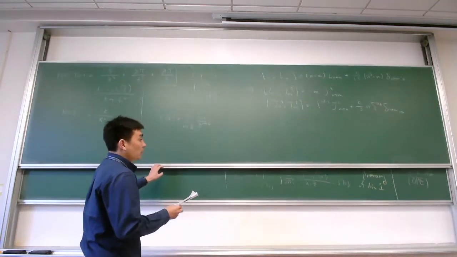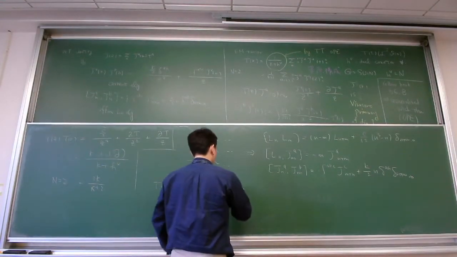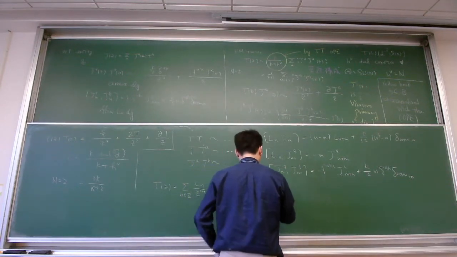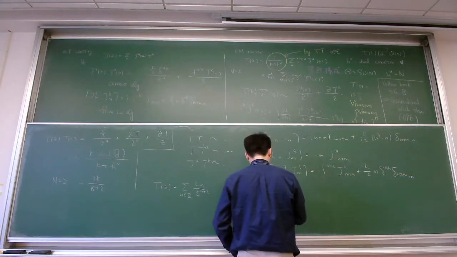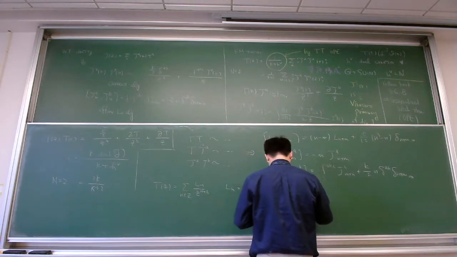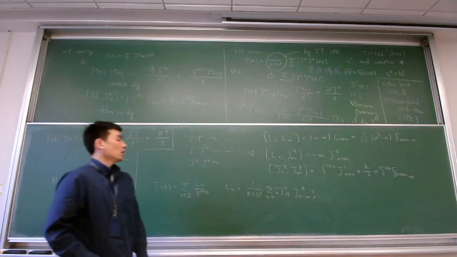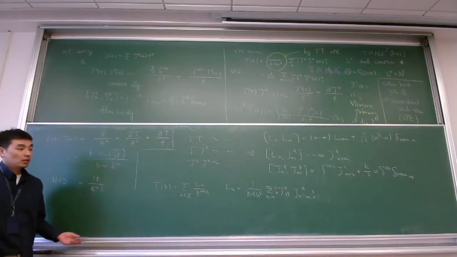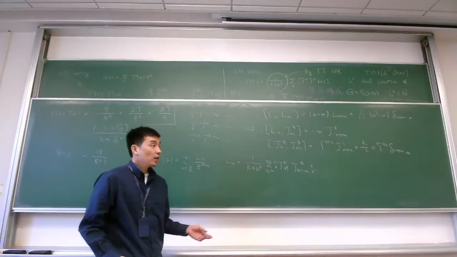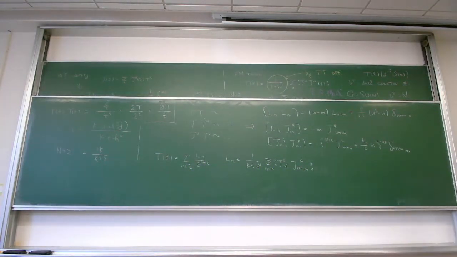And then due to this Sugawara construction, L_n can be related to 1 over k plus h check, sum of J_m J_(n-m), and then normal ordering. So L can also be written in terms of mode expansion.